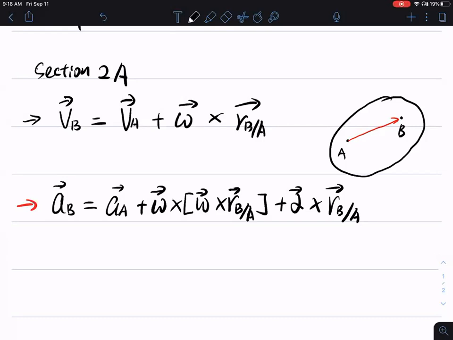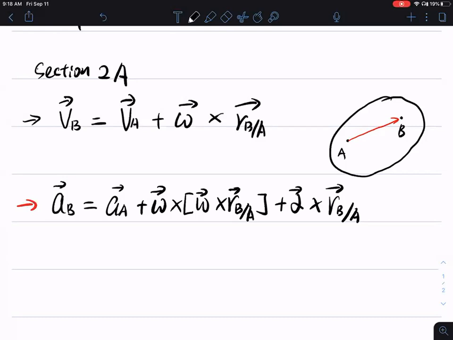Those are all cross products. Anybody knows how to do a cross product? Raise your hand. What's the result of a cross product? Do you get a scalar or a vector? Vector, yes. The result of a cross product is a vector. That's pretty long, right?